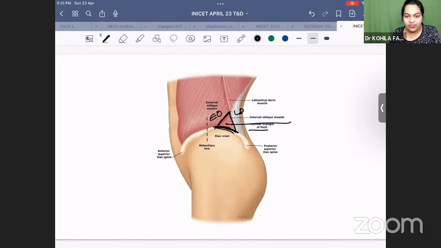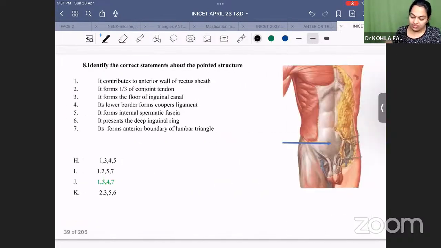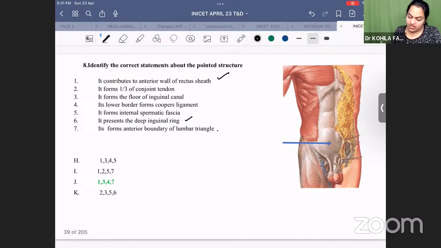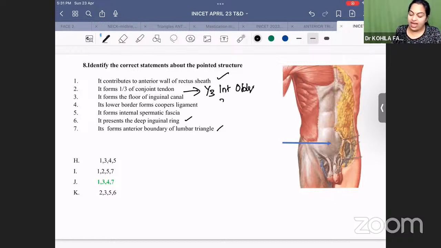fleshy fibers. Okay, so what were the statements that were correct? Yeah, anterior wall, floor, Cooper's ligament, deep inguinal ring, right? Now, what is this conjoint tendon? Conjoint tendon is formed by 1/3 contribution from internal oblique and 2/3 by transversus abdominis.